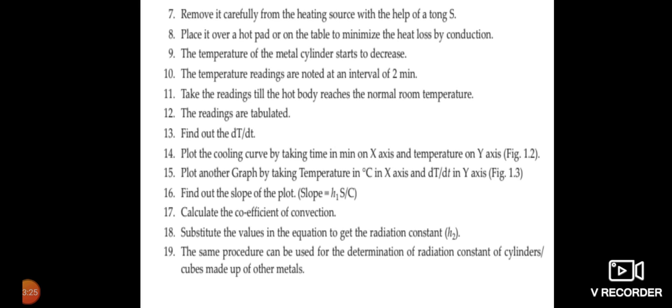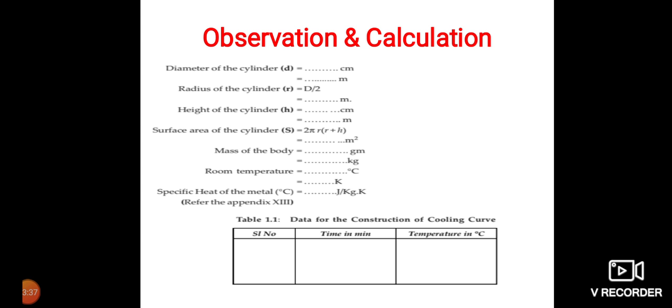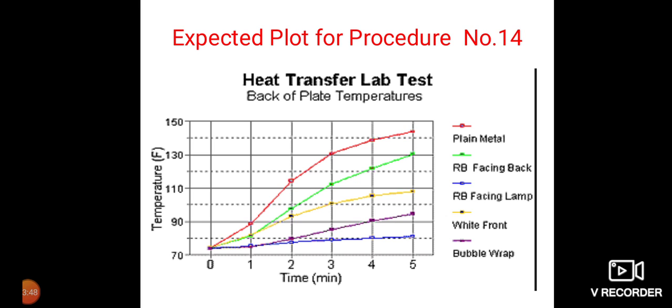The material will change, size will change, surface area will change, and all those changes we have to present in our main formula. We will note down everything: diameter, radius, height of the cylinder, mass, room temperature. We will keep all these in the form of a table, and with the help of the table we are going to draw a plot. So this is the expected plot which we will get after going through all these steps.